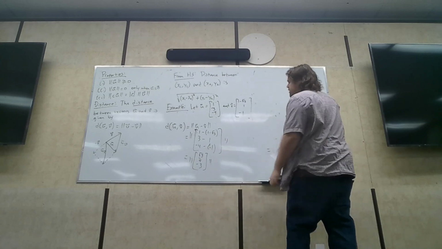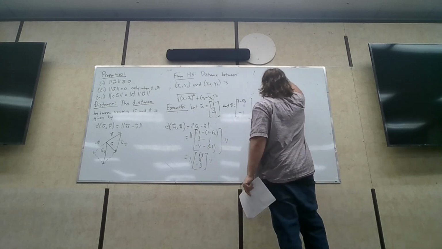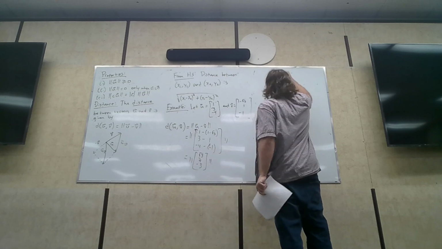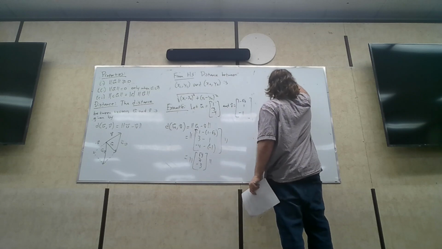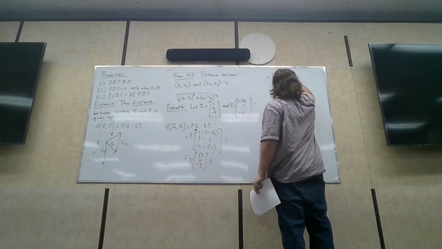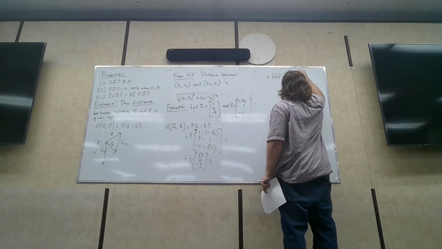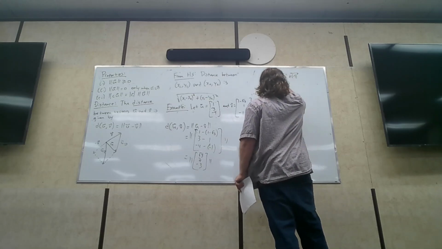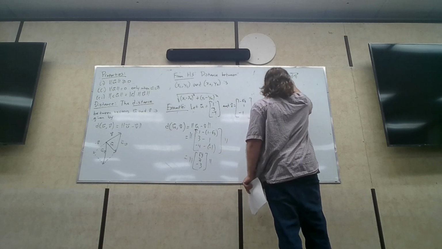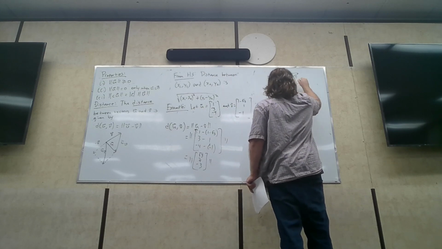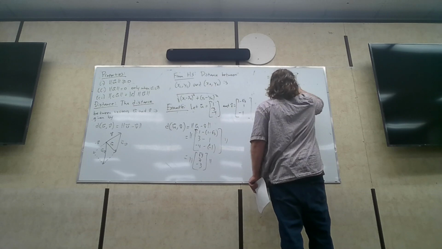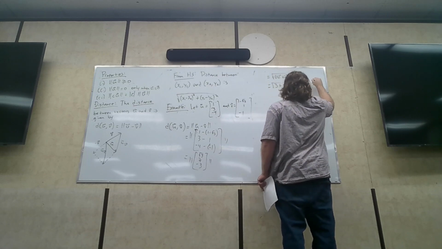But now all we need to do is we just plug into this formula. So this is the square root of 3 squared plus 2 squared plus minus 3 squared. So that's square root of 3 plus 4 plus 9. So that is 12, 16, which is 4.